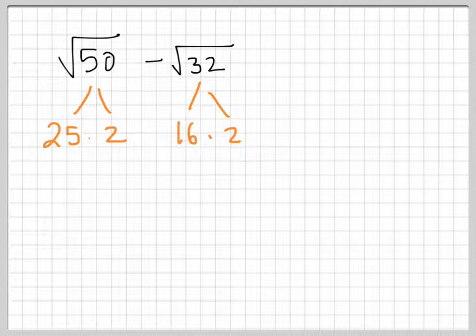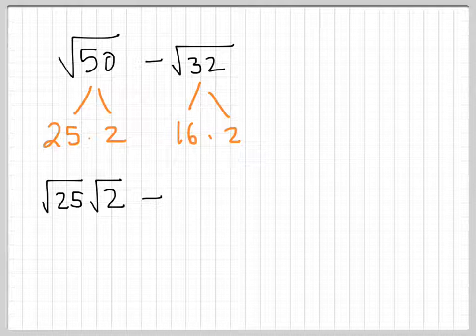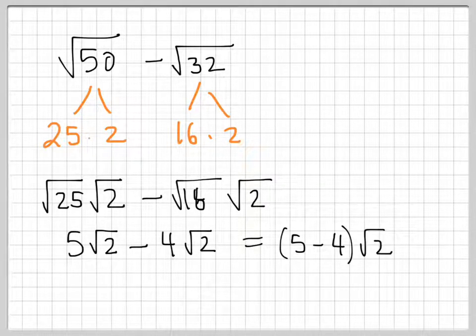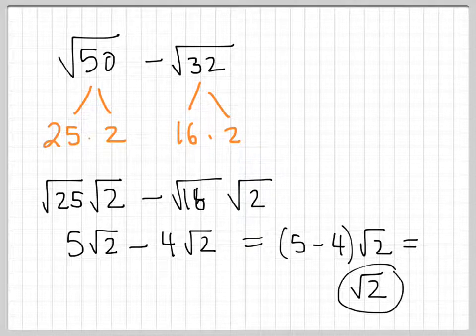And so what you're going to get is radical 25 radical 2 minus radical 16 radical 2, which is 5 radical 2 minus 4 radical 2, which is 5 minus 4 radical 2, and that's just radical 2. And so our answer is radical 2.